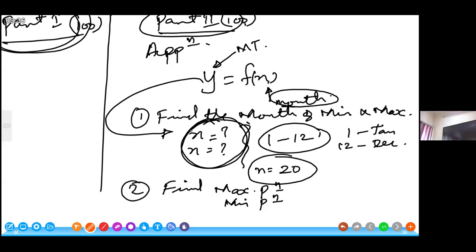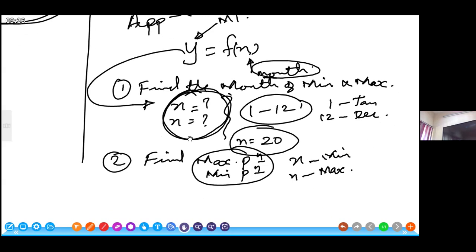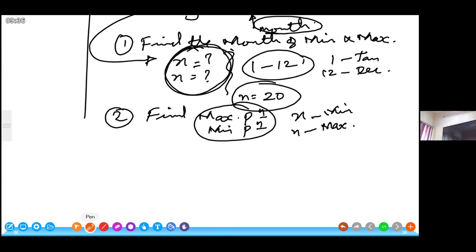Yes. So if we know this x value is minimum and this x value is maximum, to get the total production from the original function, you substitute these x values one after the other and get the y value. That y value will give you the total production in the month of maximum and the month of minimum.